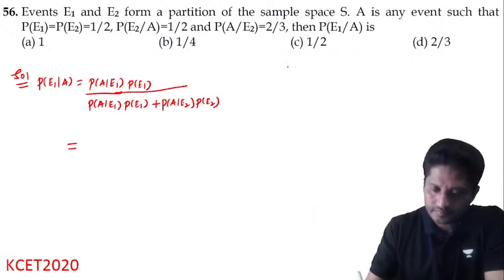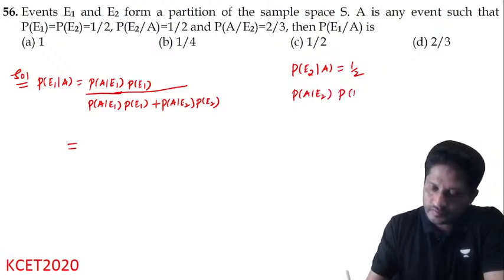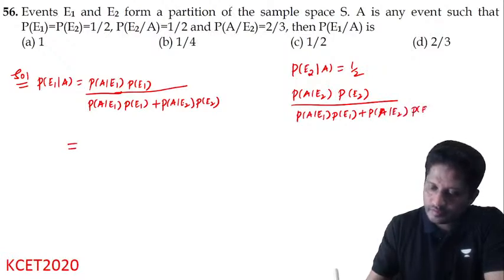Okay, now P of E2 given A. P of E2 given A is equal to 1 by 2, right? So this is P of A given E2 into P of E2 divided by P of A given E1 into P of E1 plus P of A given E2 into P of E2, which is equal to 1 by 2.